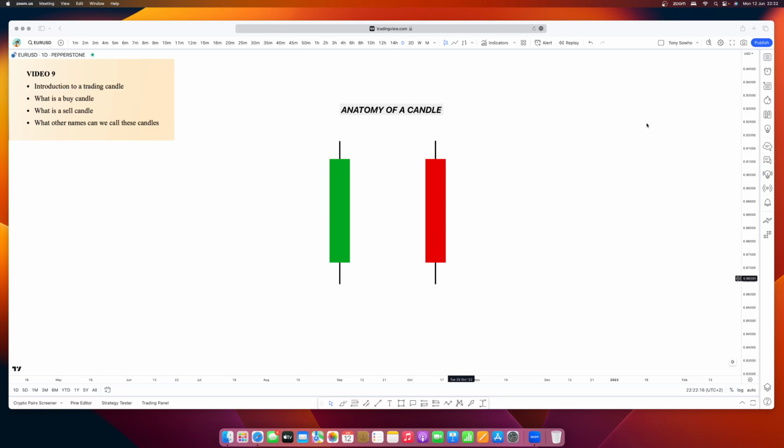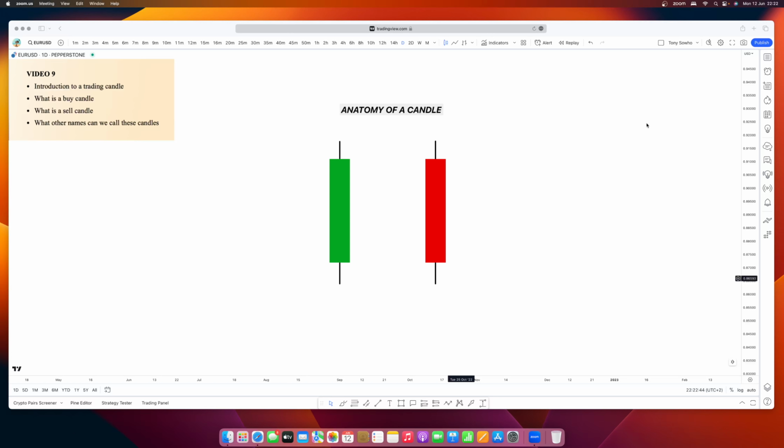I can decide, for example, to switch these candle colors and say my red candles are buying candles and my green candles are selling candles. It depends on what I want as a trader. It is my choice. But by default, a green candle signifies buy, and a red candle signifies sell.